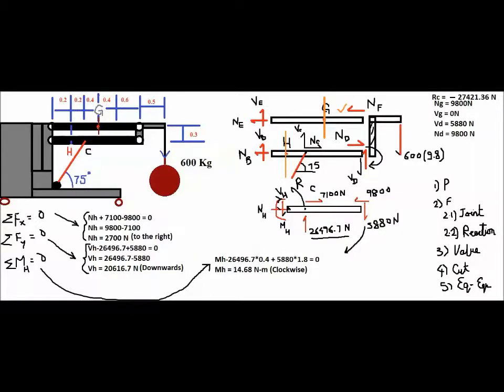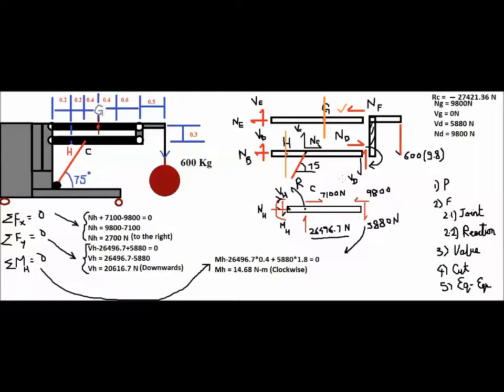Keep each and every thing simple, and think logically. For example, at this point, if you would have just taken VD to be acting upwards, you might have got a different wrong answer. But keep in mind that whenever you're analyzing one section, you have to see what are the external forces acting on the beam, not done by the beam.